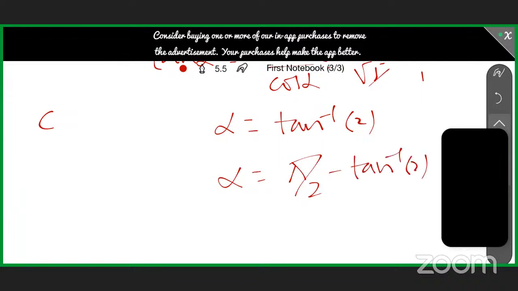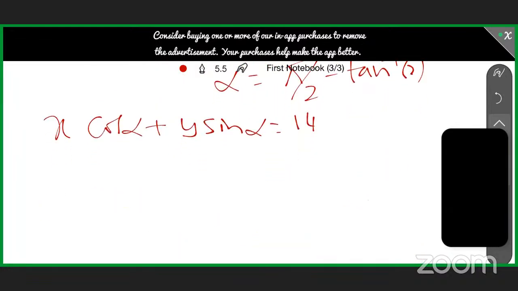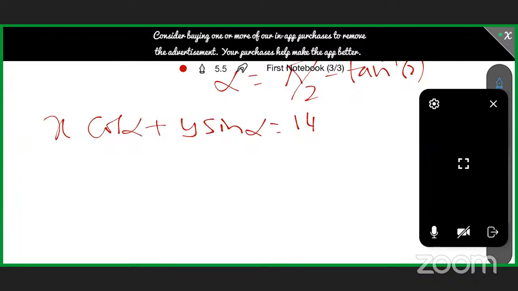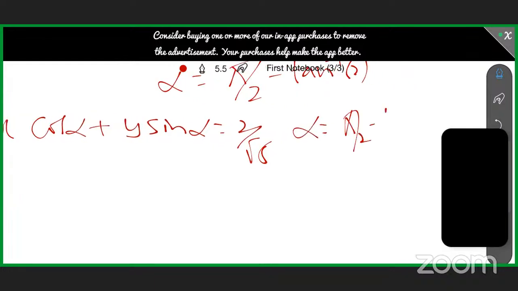Therefore, x cos alpha plus y sin alpha is equal to 2 by root 5, where my alpha is equal to pi by 2 minus tan inverse of 2.